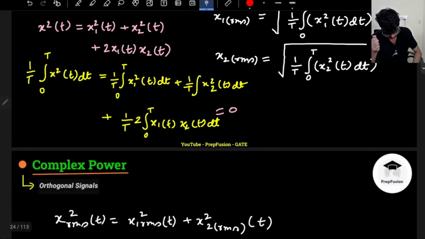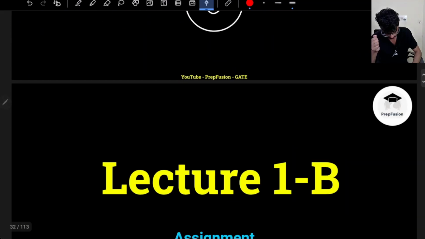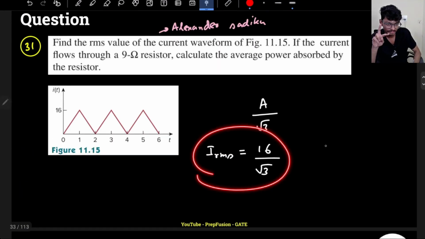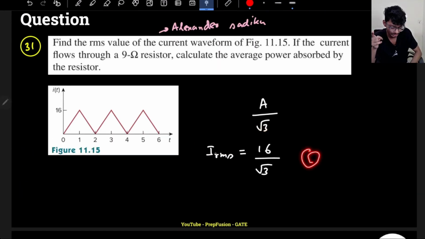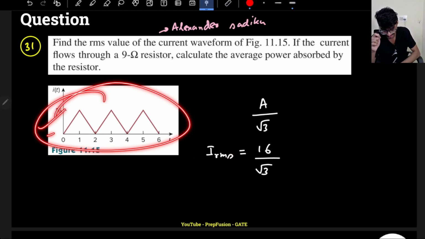So I have got the RMS value, and if I connect a DC source with the RMS value across a resistor, whatever power I calculate from the DC source, the same power will be delivered from this AC source.